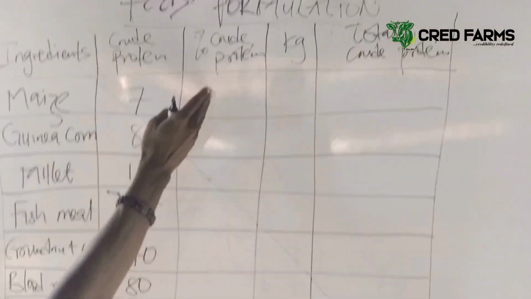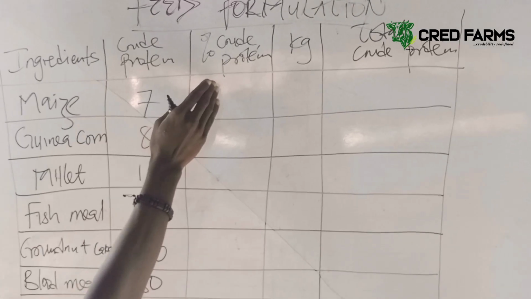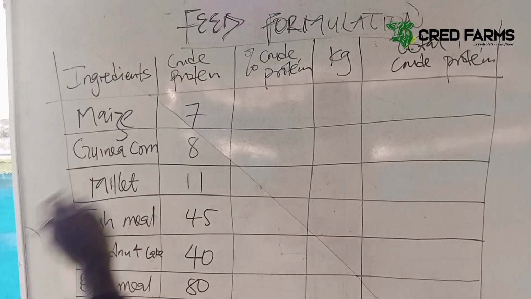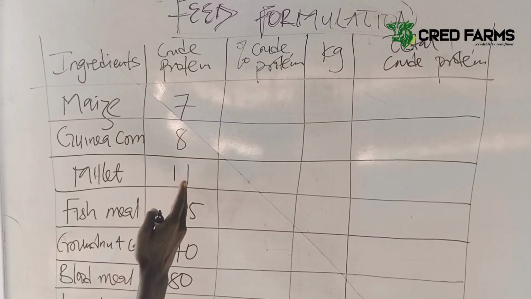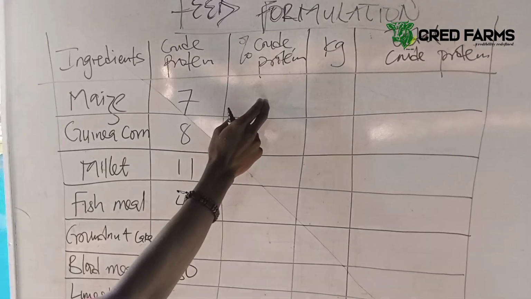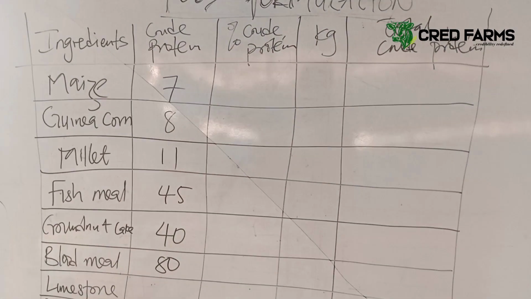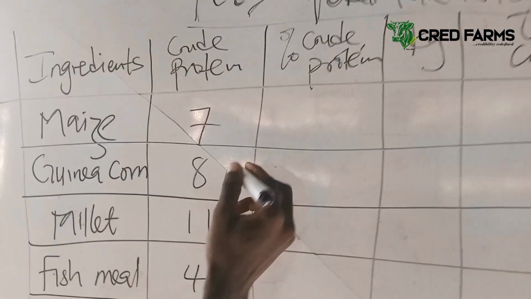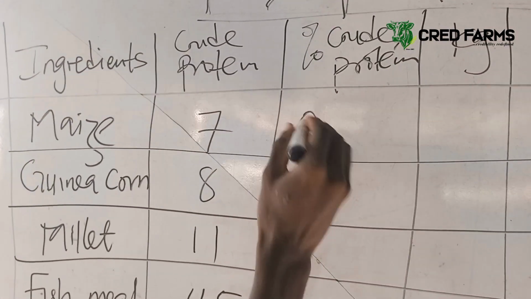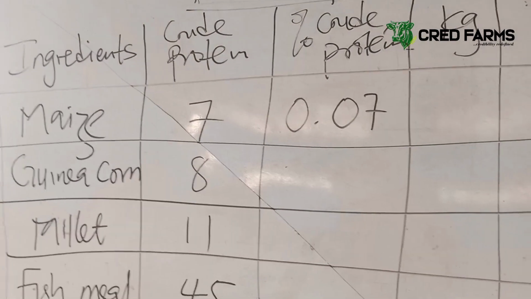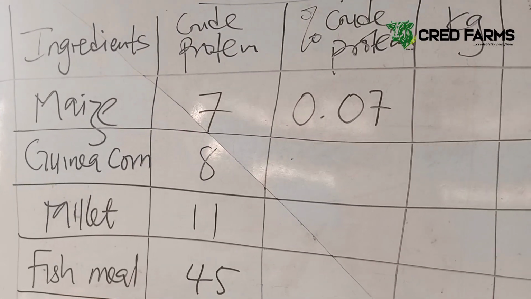Now the percentage crude protein is actually not very difficult to get, because it is a percentage of the crude protein. So the percentage of 7 is simply, if you divide 7 by 100, you have 0.07. Okay, so 0.07 is the percentage crude protein.